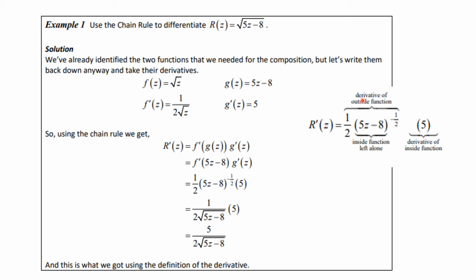So it's going to be 1/2 times 5z minus 8 whole to the minus 1/2, and then we go to the next layer and we take the derivative of 5z minus 8 and we get 5. When we simplify, it was 1/2 times 5z minus 8 to the minus 1/2 times 5, and we can have this expression. And that's the same answer as we got before.